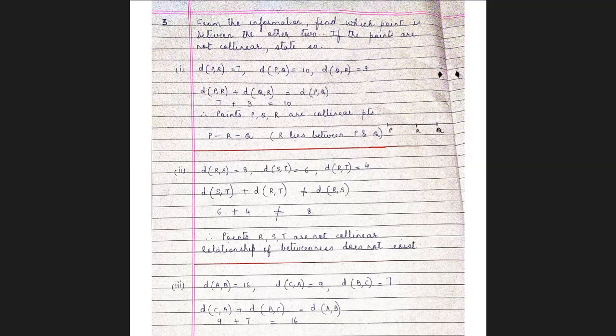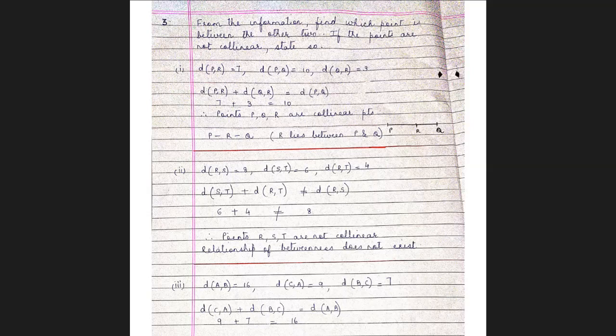What does collinear mean? It means all those 3 points lie in the same straight line. See, I have drawn P, R, Q in a straight line. It can also be written as P-R-Q, which means R lies between P and Q.